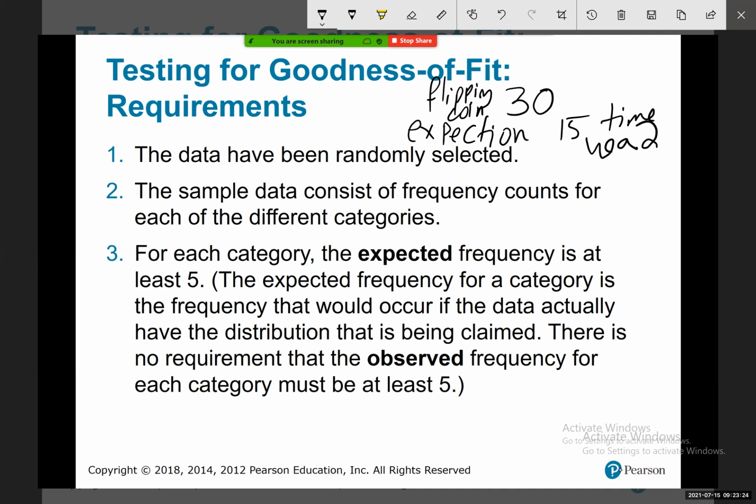If head is in your favor, your expected should be greater than 5. We don't care about observed. Observed could be greater than 5, could be not. But our expectation to begin with should be at least 5.